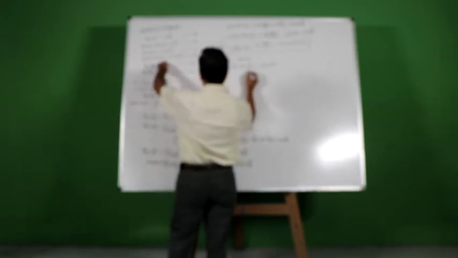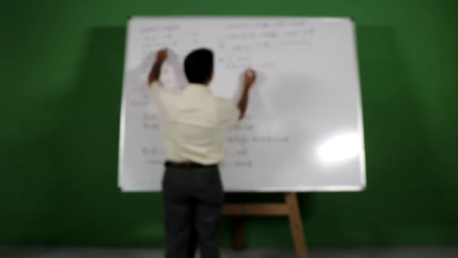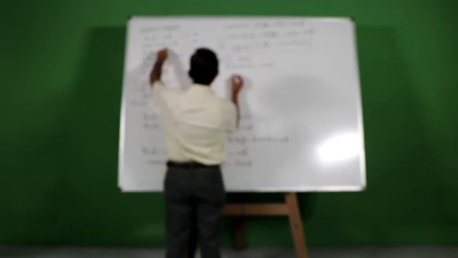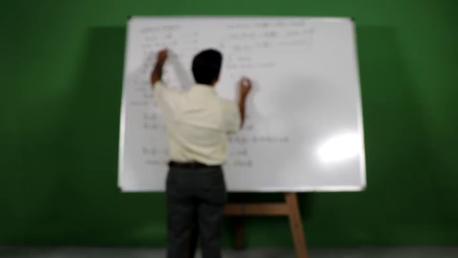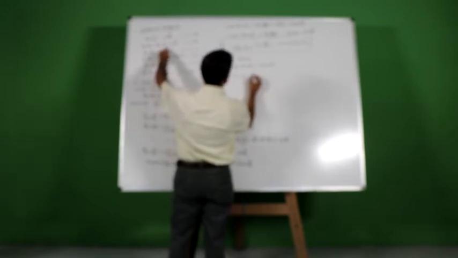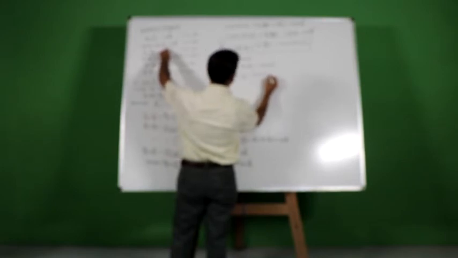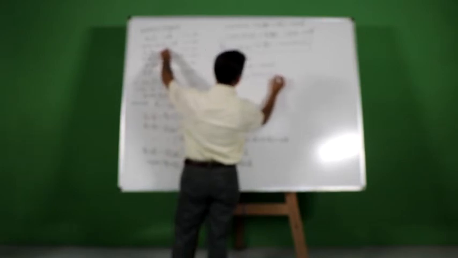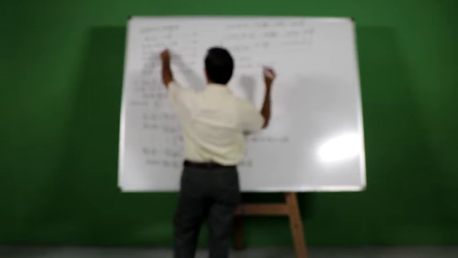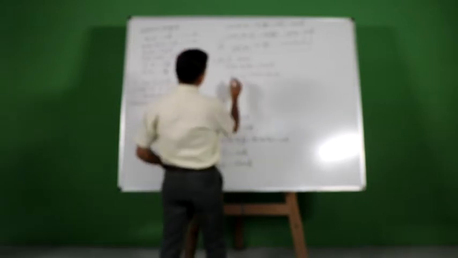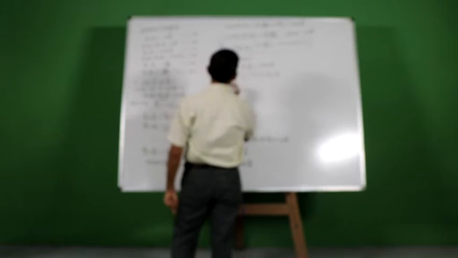And from this equation we can calculate the value of Bt. Bt is equal to 1 upon iota omega (del T cross Ez plus del Z cross Et). Now substitute this value of Bt in this equation.